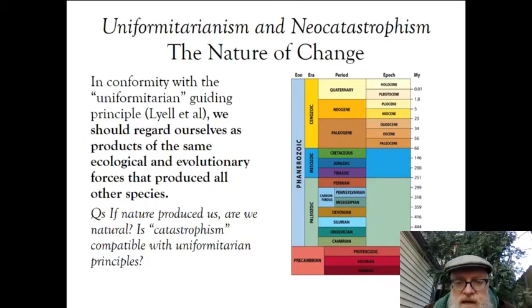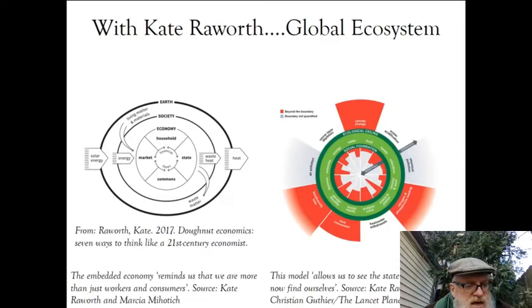We're the products of the same ecological and evolutionary forces as all other species, and yet at the same time we have also been remembering that not all consequential ecological and evolutionary events occur in a slow linear fashion. It's that contrast between slow linear change and more cataclysmic disturbances that we have been using to think about the nature of some of these problems.